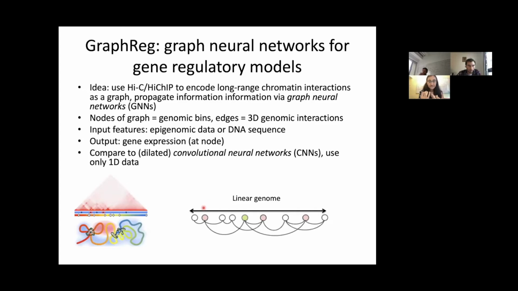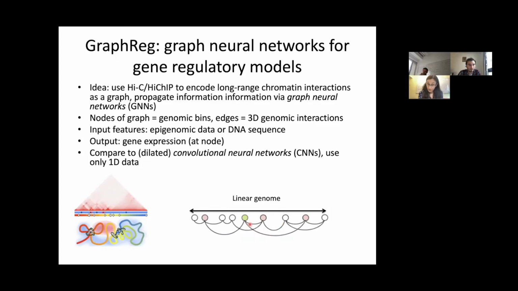What this does, in the deep learning model, is give you access to very distal elements. You think of the linear genome just in bins, and then we connect our bins by significant edges from, for example, H3K27 acetyl HiChIP. These are the significant regulatory interactions based on our statistical analysis.